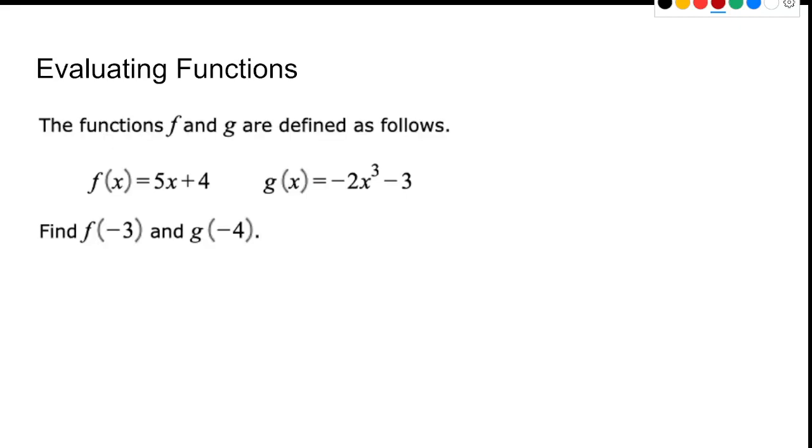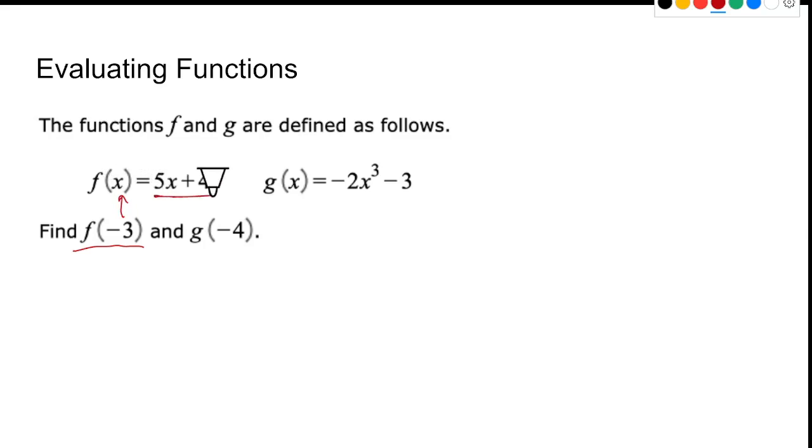So you also have questions about evaluating functions. We'll do this some more throughout the course, actually. So let's go ahead and take a look at this. How would we find f of negative 3? So what that's saying is x is negative 3.